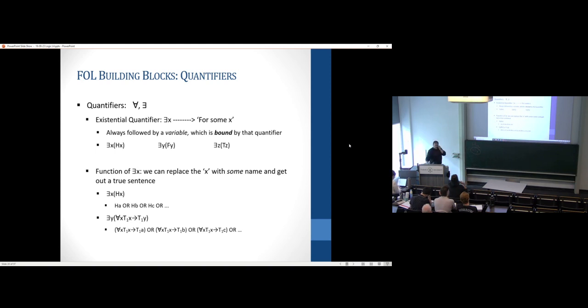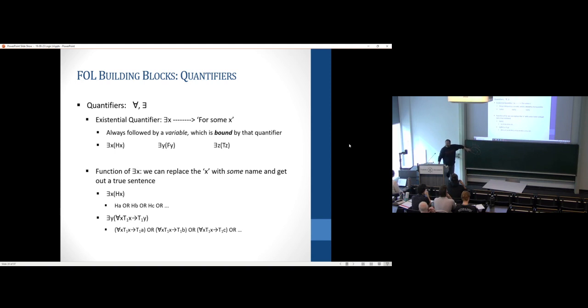Okay. So, to bring it back to this, the simplest form of FOL sentence is a predicate and a name. The next simplest form is a predicate and a variable attached to one of our quantifiers. So it will either be for all x, Hx, or existential x, Hx.